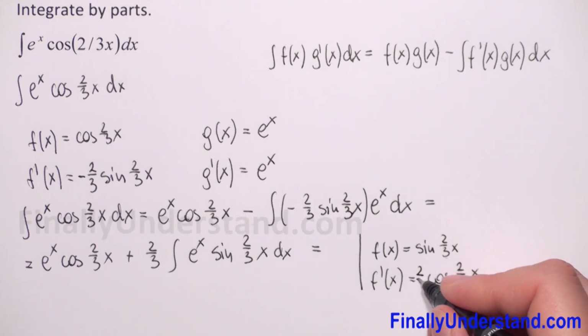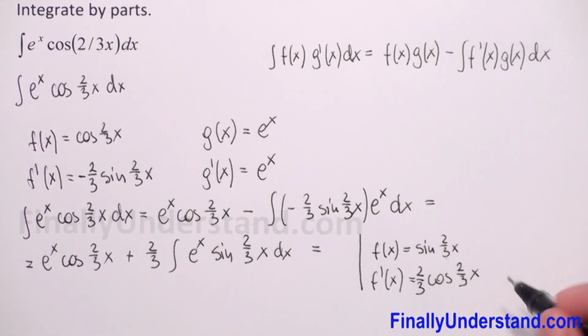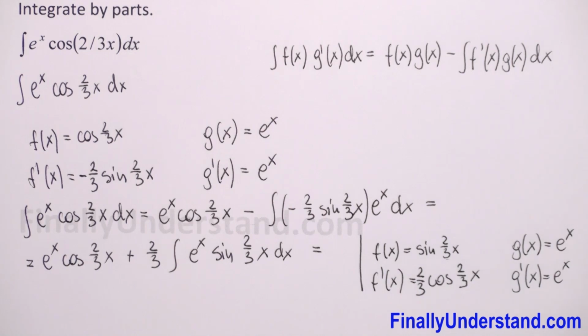So I will put this before cosine. Whatever left, we have e to power x is our g prime of x. So antiderivative will be e to power x. And again, we will use this formula.